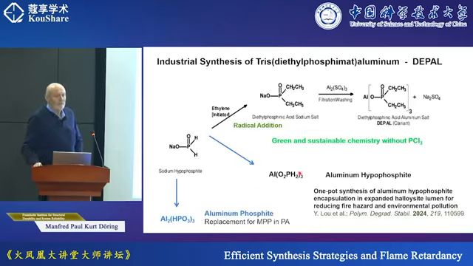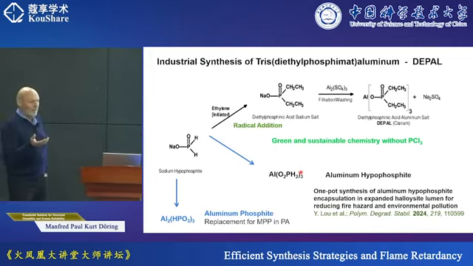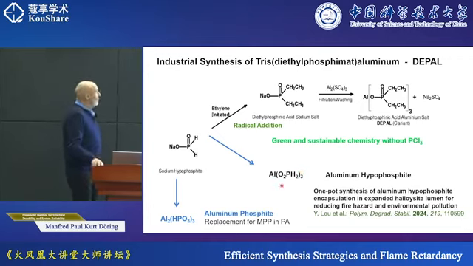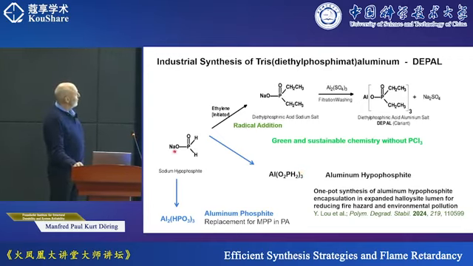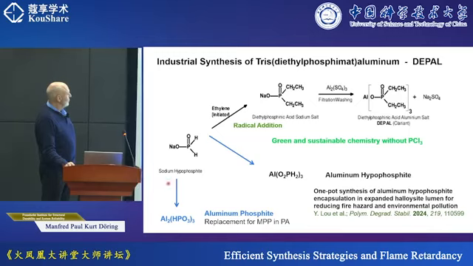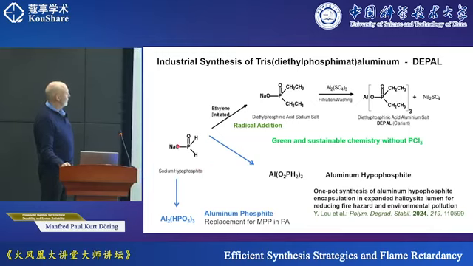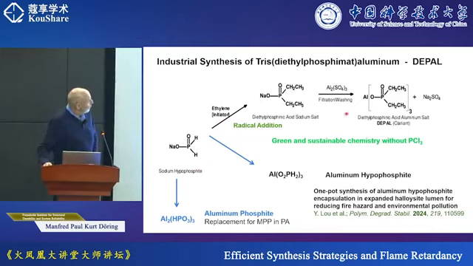Okay, and immediately we will see there is a final product of flame retardants made from that sodium hypophosphite or from the free acid, the so-called DEPAL shown over here.